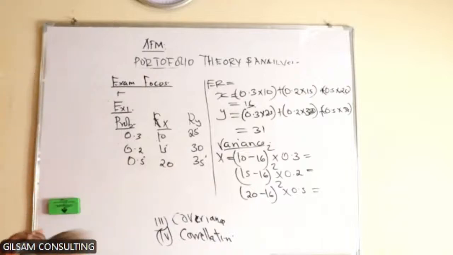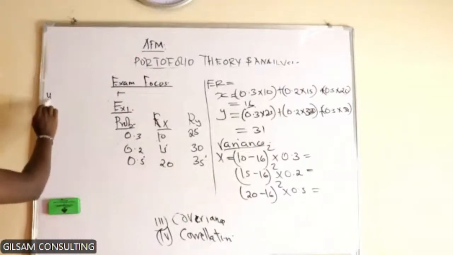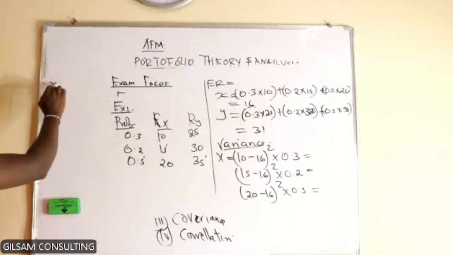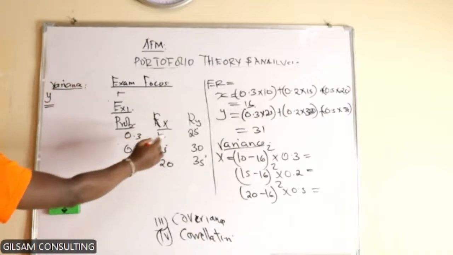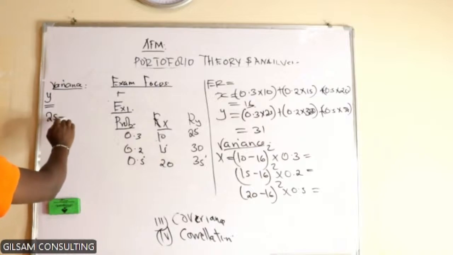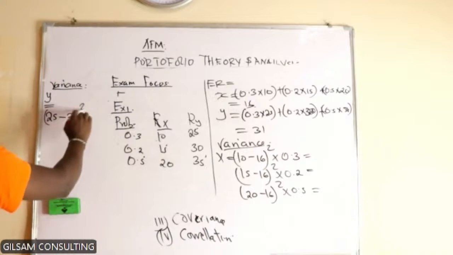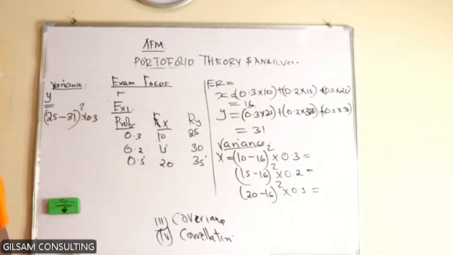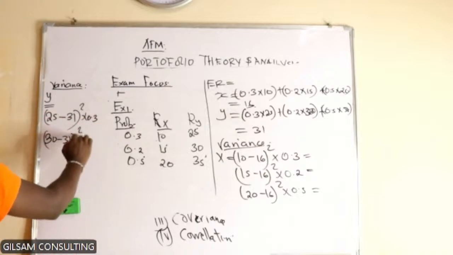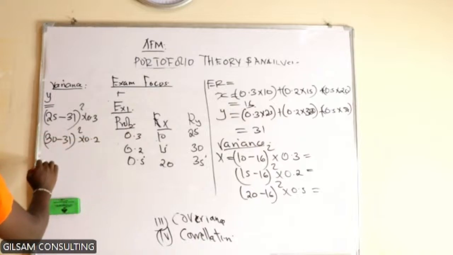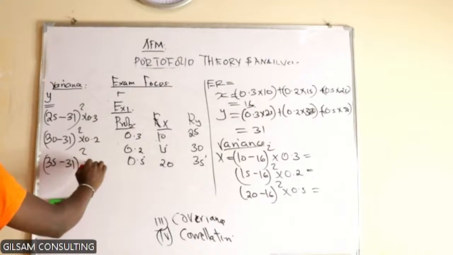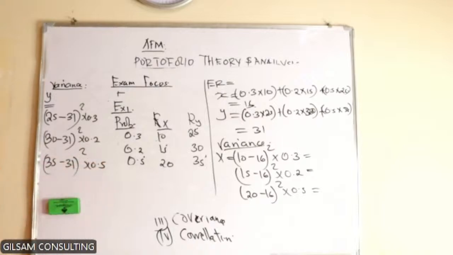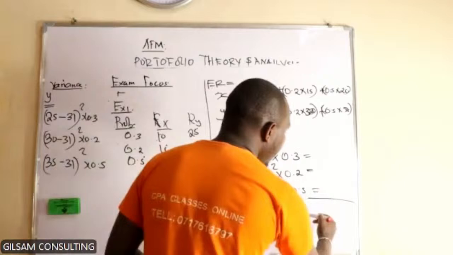Now let's get the covariance of x and y, which is where we combine them. This is our standard deviation. For the covariance, return 25 minus the expected return, squared, multiplied by 0.3, then 30 minus 31 squared multiplied by 0.2, then 35 minus 31 squared multiplied by 0.5. So how much is this?